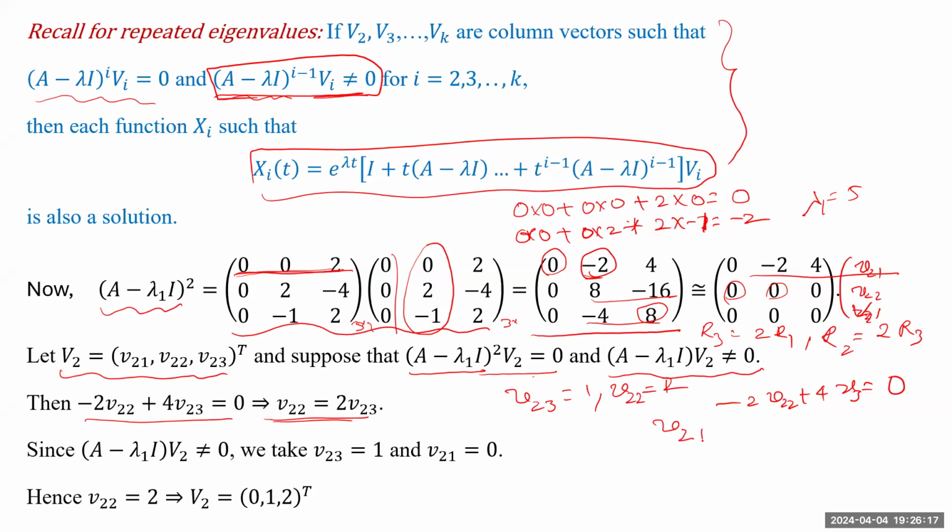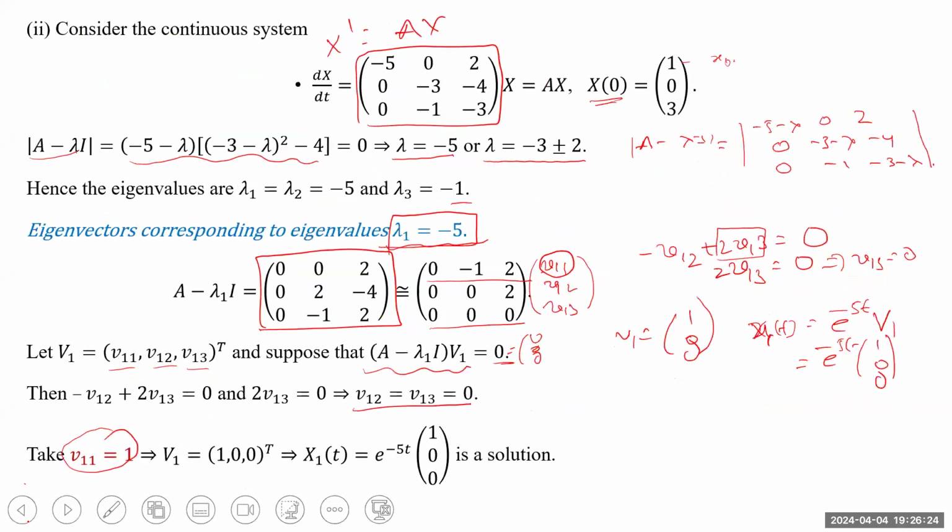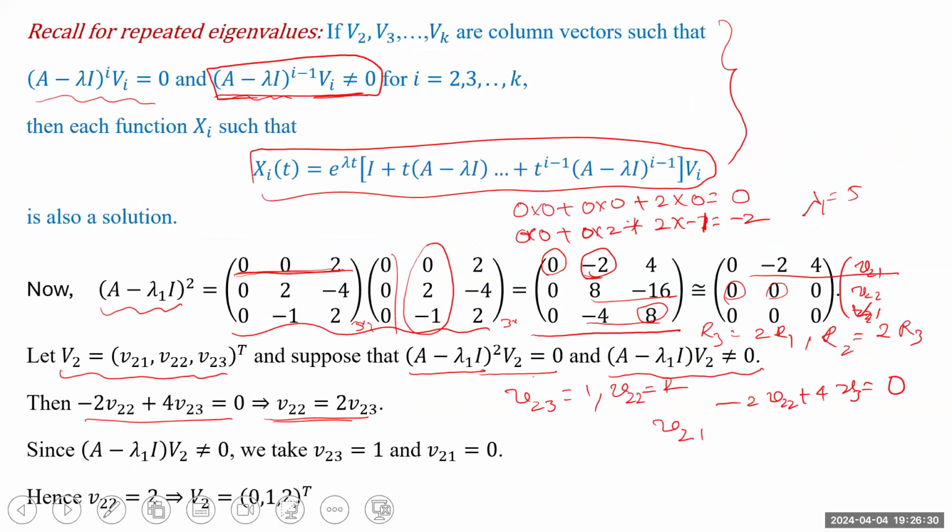So V21, you could consider 1, but you have to be careful: in the previous vector, we assumed V1 is equal to 1. So here we try to avoid taking 1 again, to protect this condition. That's why I can take 0. So V21 is equal to 0 in this case. So totally the vector is 0, 1, and 2, right?